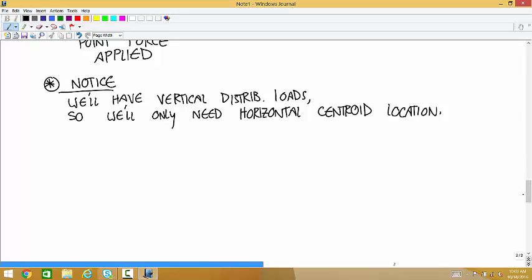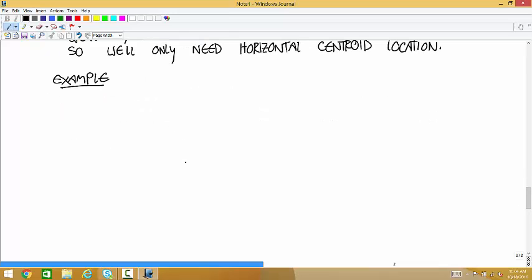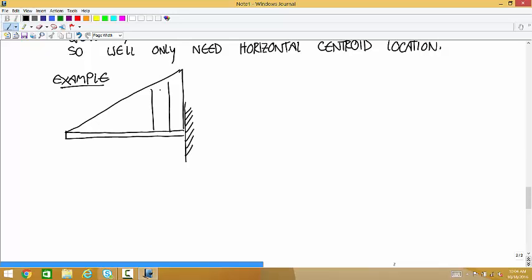Okay, so let's do the example that I gave when I introduced distributed loads. Let's say we have a beam and a distributed load that's a triangular shape.